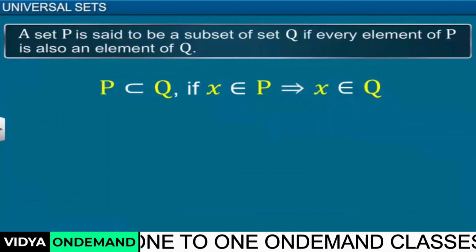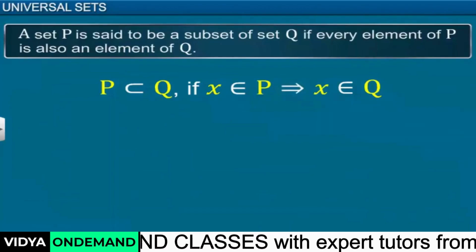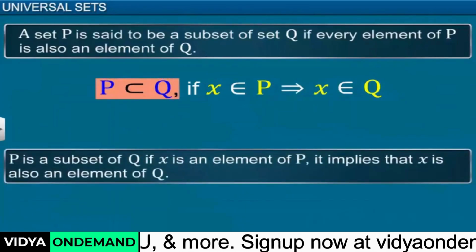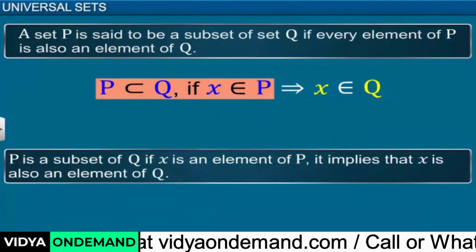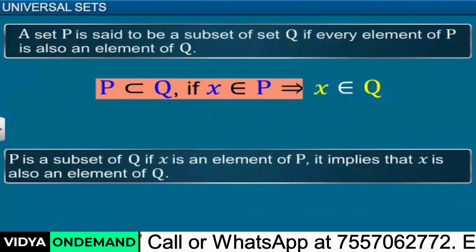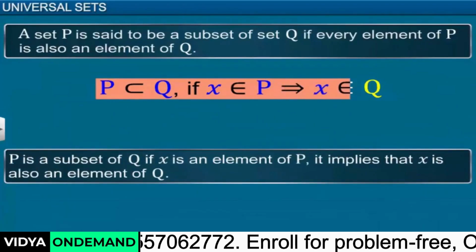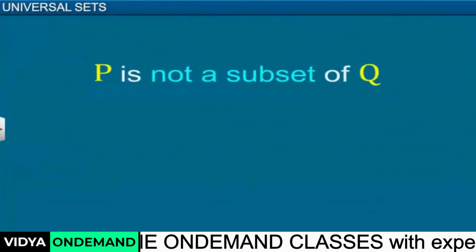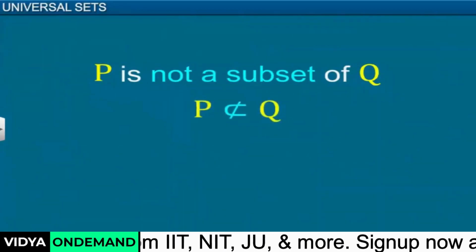This statement is read as follows. P is a subset of Q if x is an element of P, which implies that x is also an element of Q. If a set P is not a subset of set Q, we can represent this with the help of the symbol shown.